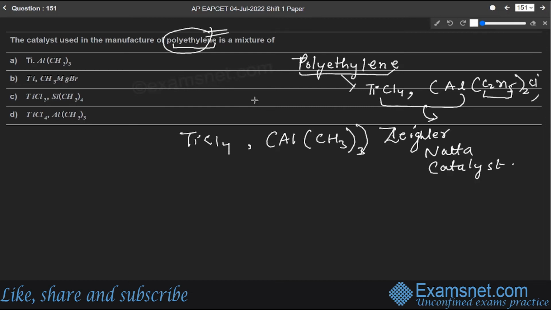TiCl4, Al(CH3)3, the option is matching. For ethylene manufacture you generally use the earlier formula, but they have given it this way, so that's even correct. But the officially accepted one is in NCERT. You can reread again and again, then you will find this. So let's go to the next one.